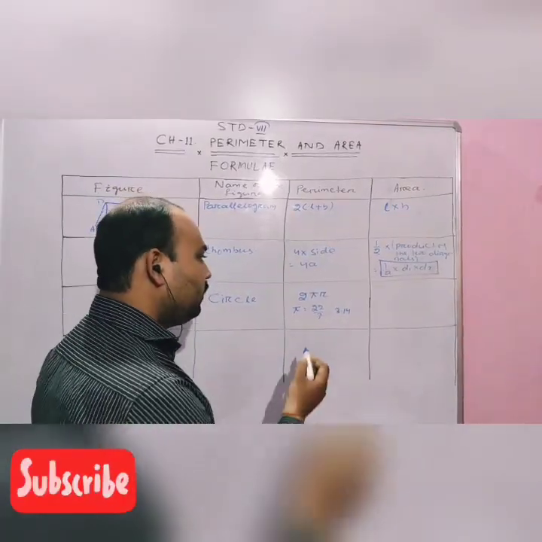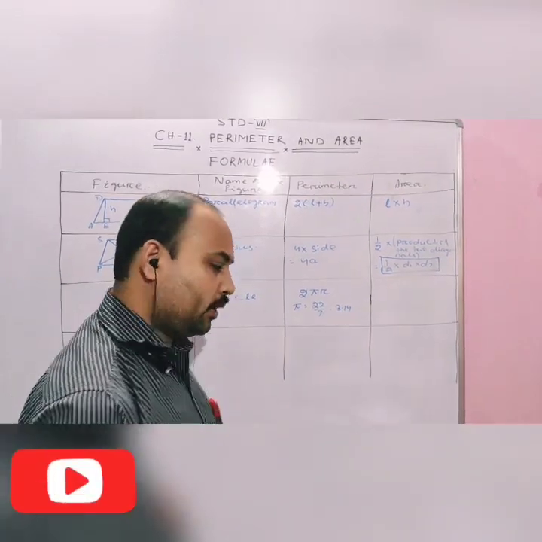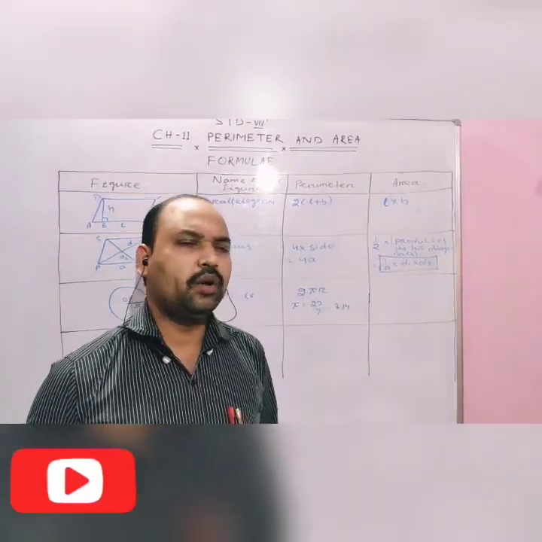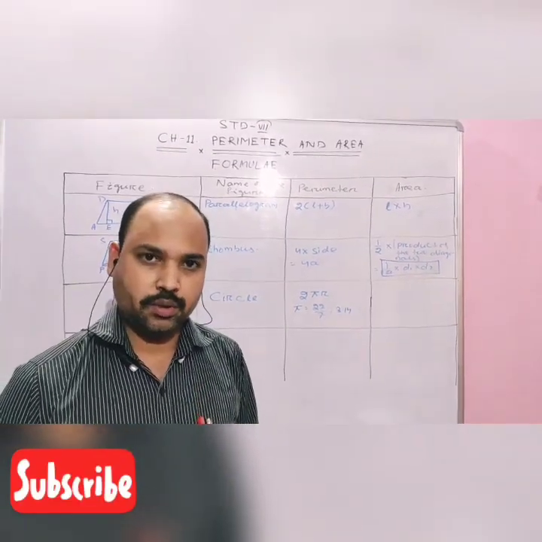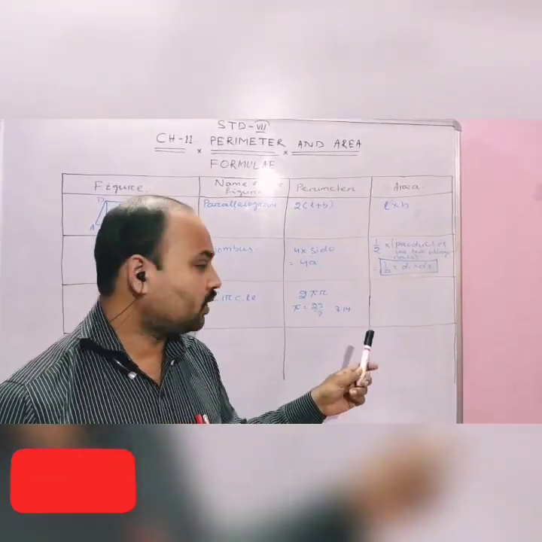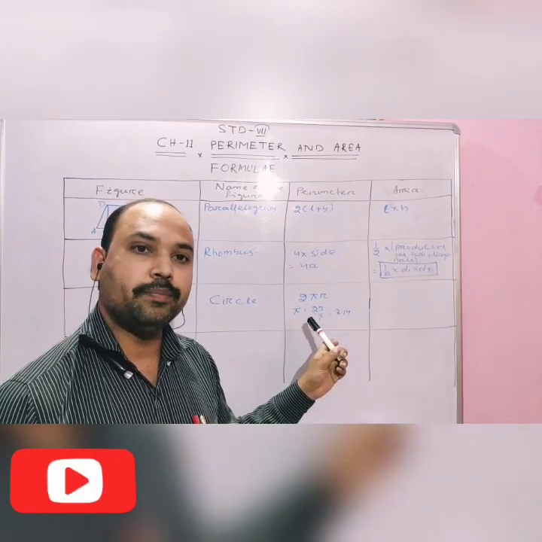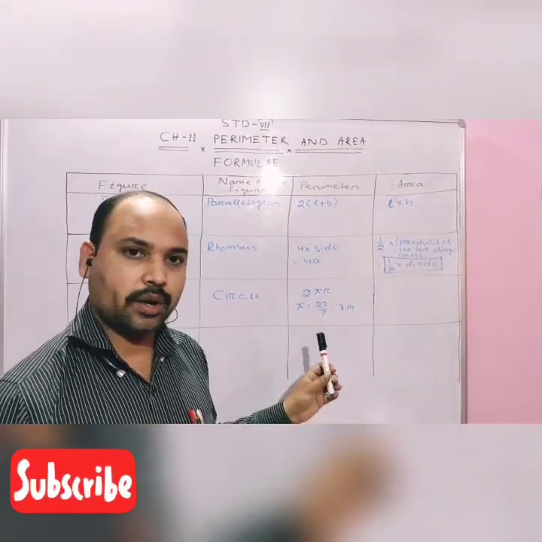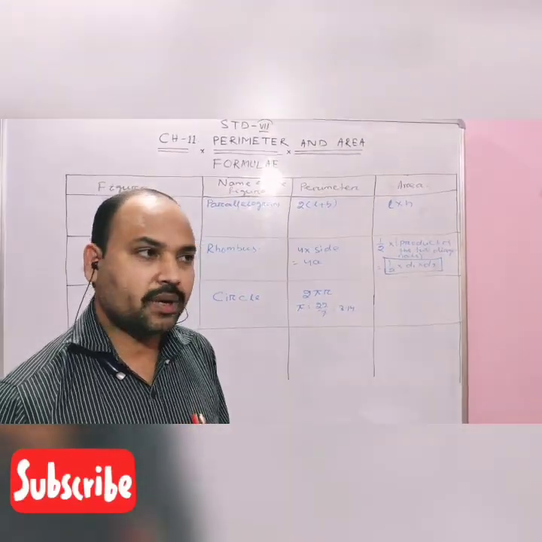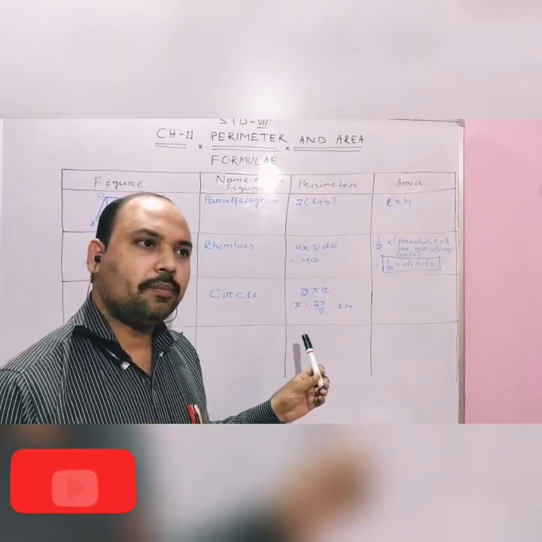Another thing to remember, though it is not covered in your class: pi is an irrational number. But 22 by 7 is a rational number. In higher classes you will study what a rational number is and what an irrational number is. I am just introducing it.